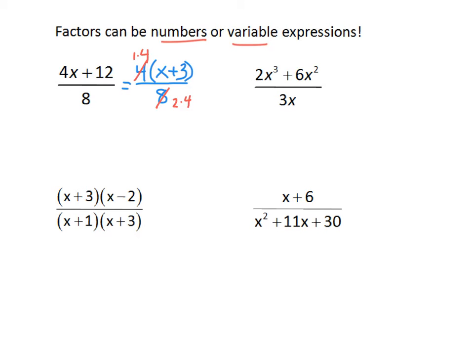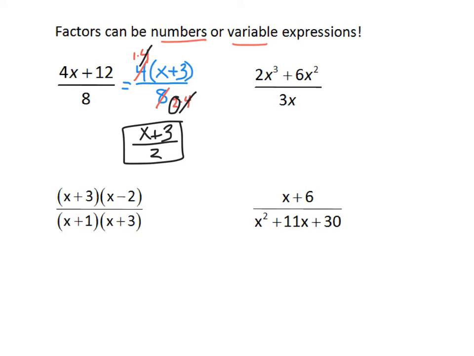And most of you won't need to show this kind of work, but I just wanted to show you what I'm doing here. So the 4 in the numerator with the 4 in the denominator will create a 1 or cancel out. What that means is that there is a 2 remaining in the denominator. So our final answer for this example is x plus 3 in the numerator and 2 in the denominator.